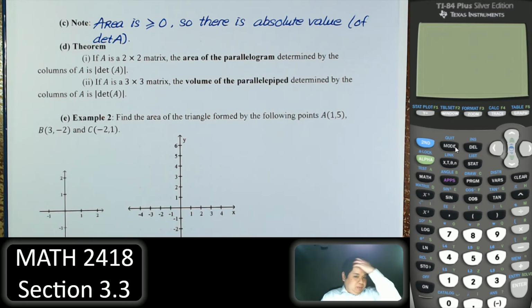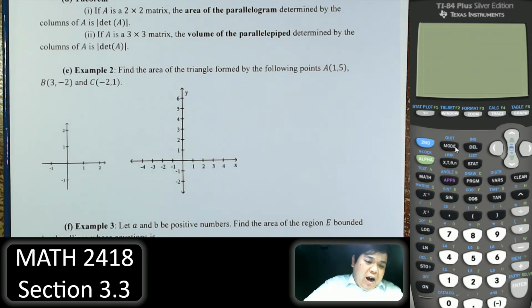Right. Now, another example. Find the area formed by the following points: A is (1, 5), B is (3, -2), and C is (-2, 1).